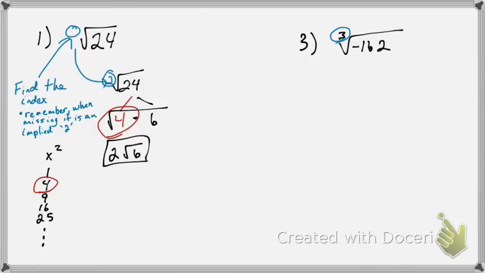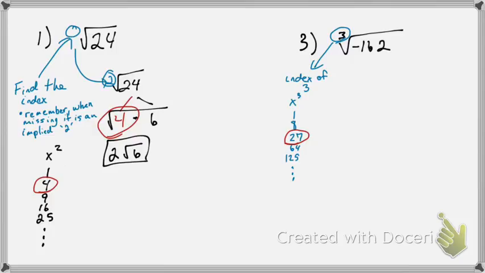Now on question number 3, we're dealing with the cube root of 162. So we're going to look at our index of 3 and the x cubed column on our chart. We've got 1, 8, 27, 64, and 125.